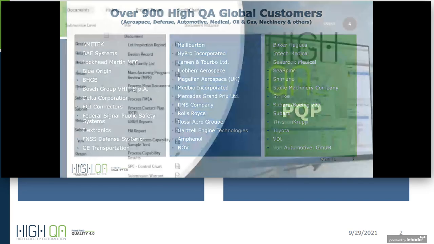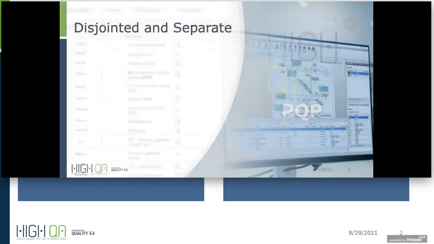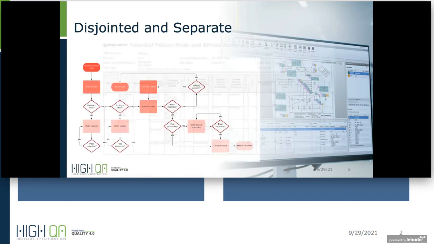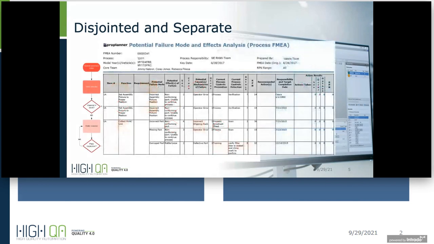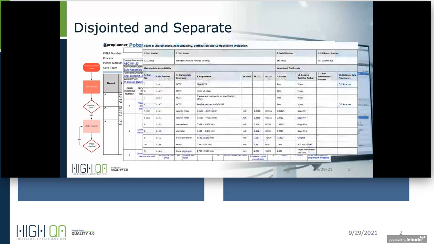Now, we're here together today to talk about automating your APQP process with the HiQA PQP functionality. But why do we need to streamline and automate it? Because oftentimes, these systems are very disjointed. From process flow diagrams to PFMEAs to control plans to FAI reports to gauge R&Rs to capability studies, even process control.